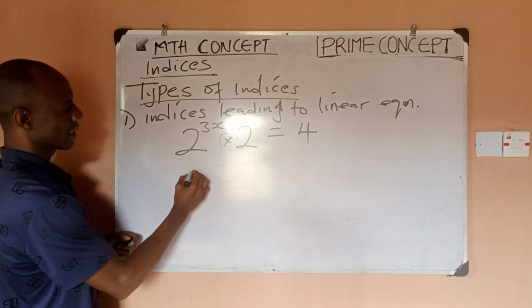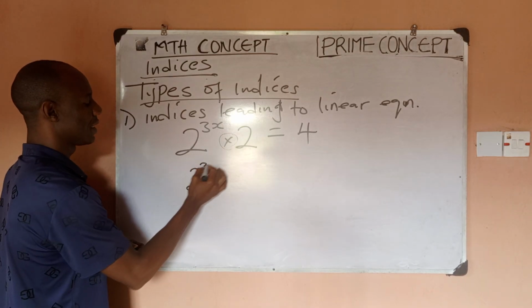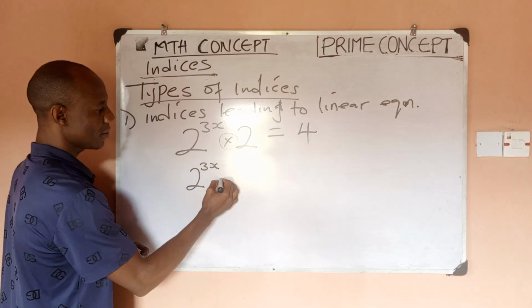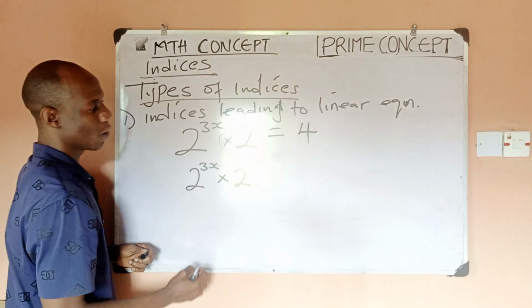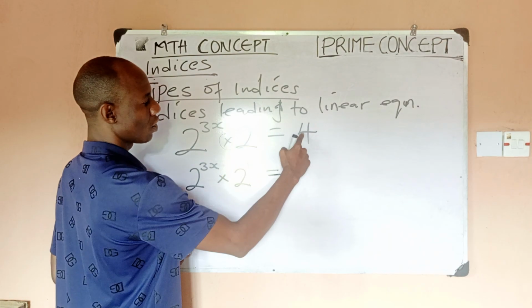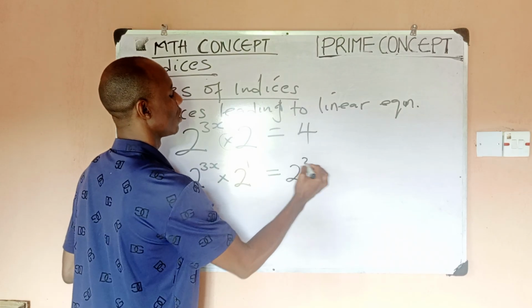Now this can be written as 2 raised to power 3x times 2. 2 can be written as 2 raised to power 1, and 4 can be written as 2 raised to power 2.